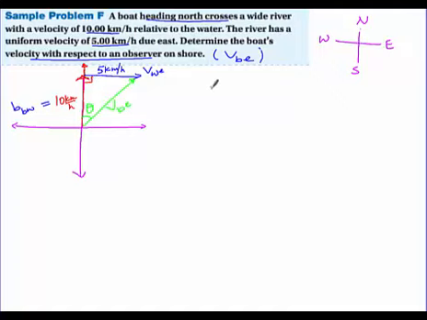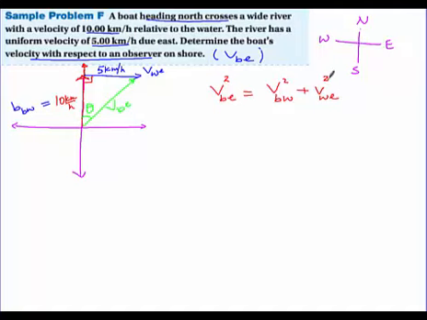That is, the velocity of the boat with respect to the earth squared is equal to the velocity of the boat relative to the water squared plus the velocity of the water relative to the earth squared.